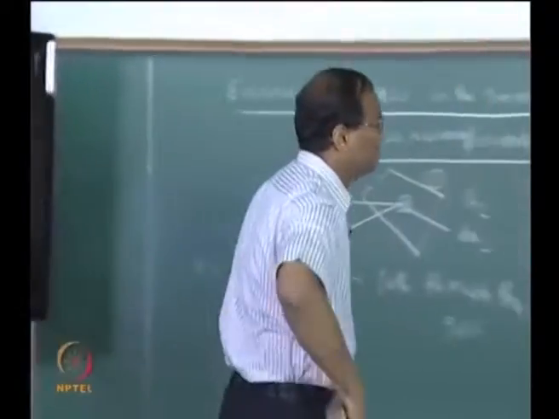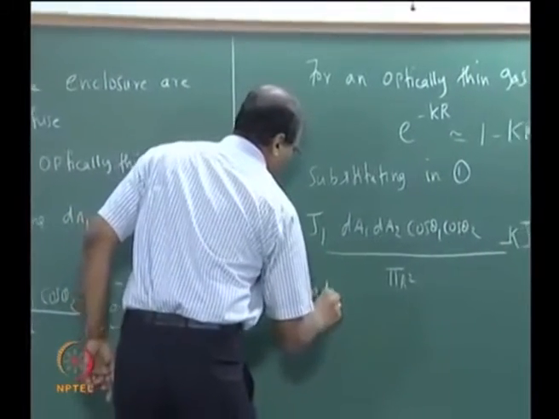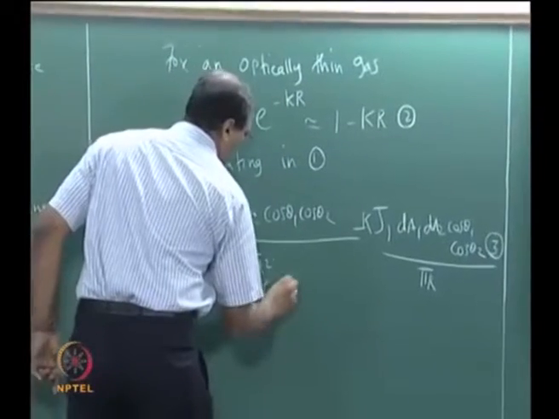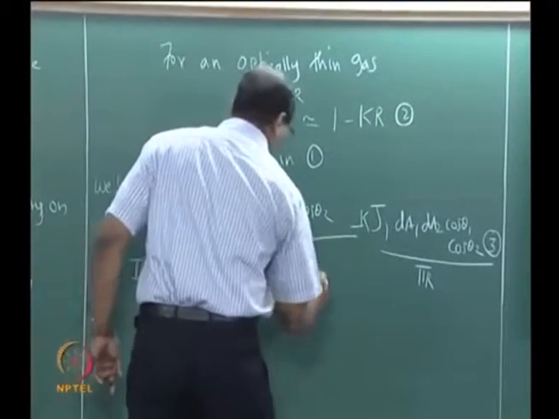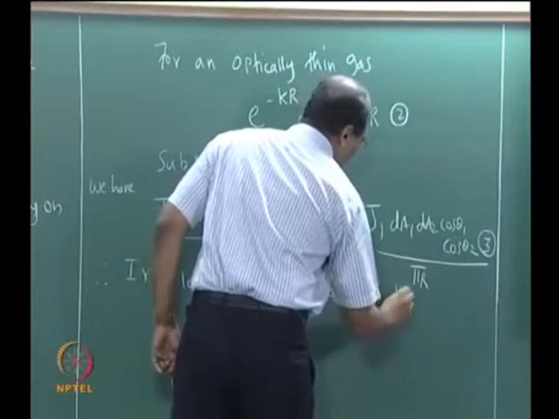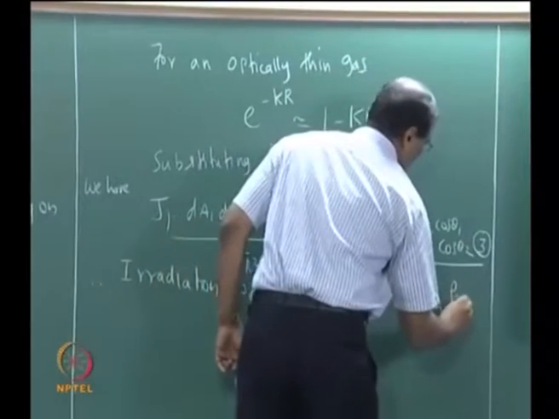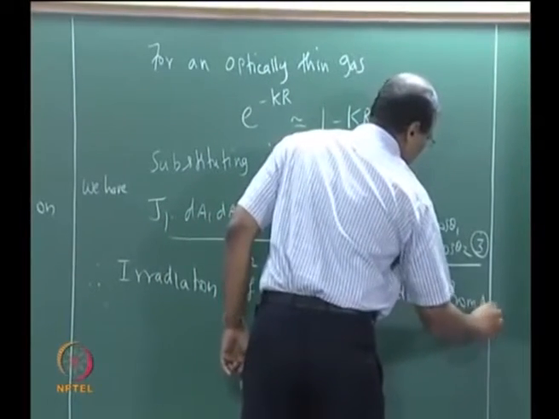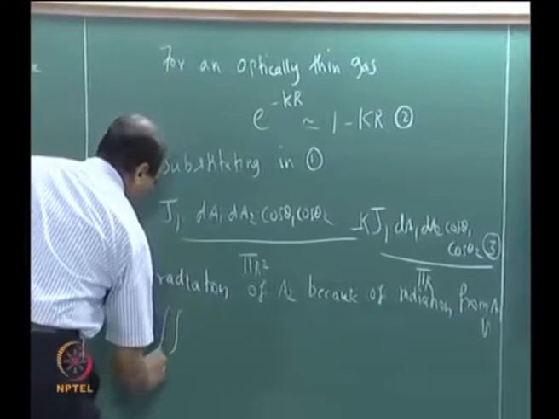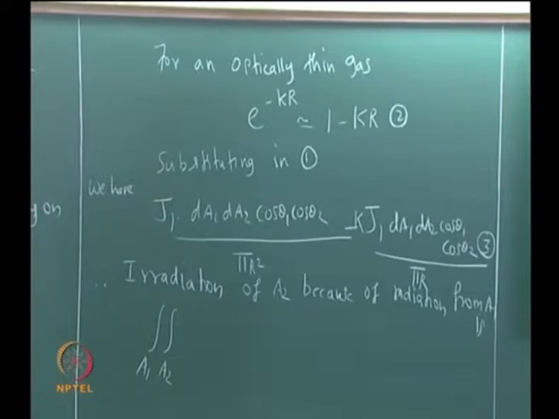Therefore, if I assume a uniform radiosity, I can take the J1 out.